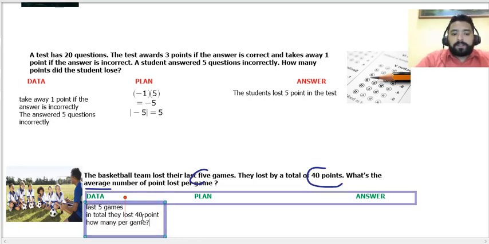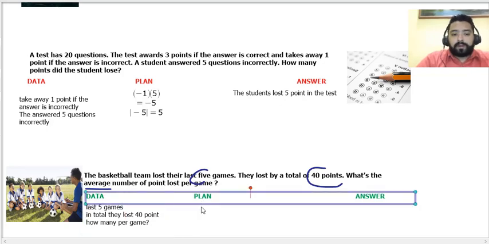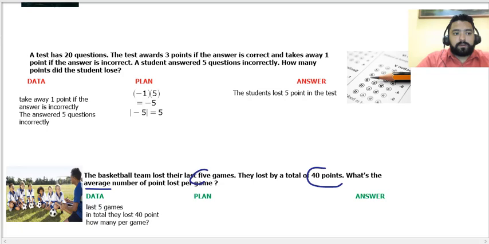So in this case, if we need to find the average, that means we're going to write the 40 points that they lost in total. 40, remember it's negative, and we are going to divide by the number of games. How many games? 5. So if you simplify this one, it's 8, okay?